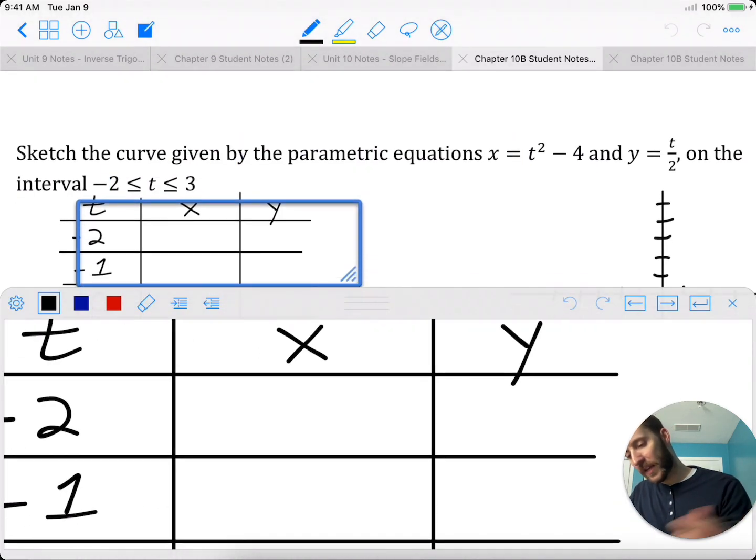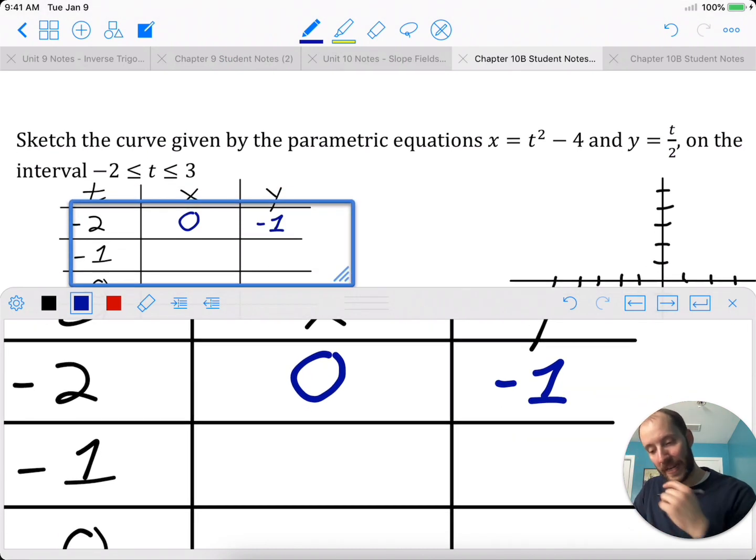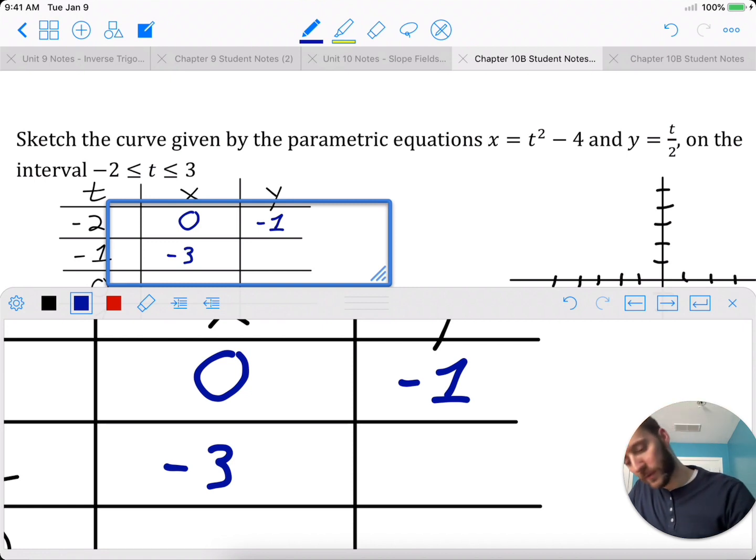So choose some t values and get your x and y values. So x is t squared minus 4, so negative 2 squared will be 4 minus 4, that's 0. For y, t over 2, that will be negative 1. For t equals negative 1, 1 squared minus 4 is negative 3, and y is negative 1 half.